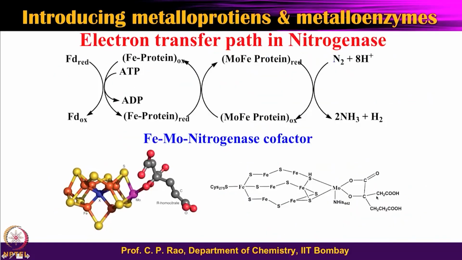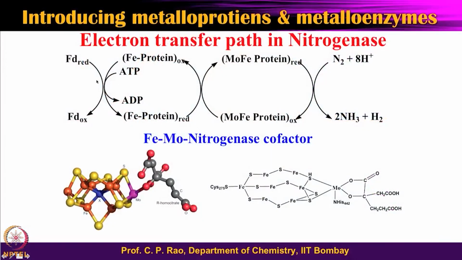So, now we have all the information required to understand the flow of electrons: the path of the electron, from where and to where it goes. Now, this is the iron protein part, and this is the molybdenum iron protein part. The iron protein part couples with the molybdenum iron protein part. At the end of the molybdenum, the nitrogen will get bound and then converted.